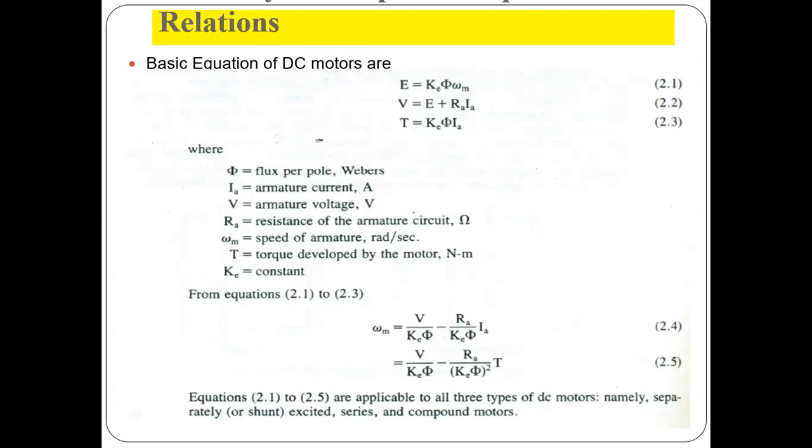As you know, phi is the flux, I_A is the armature current, R_A is the armature resistance, and K is the constant.